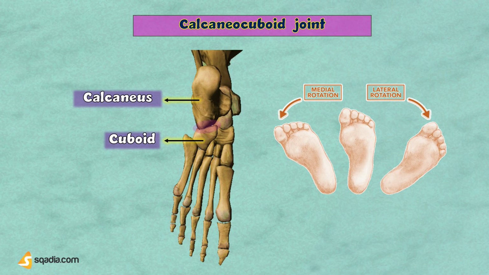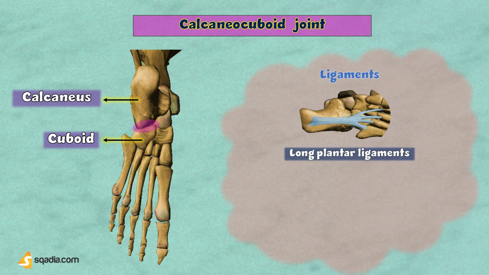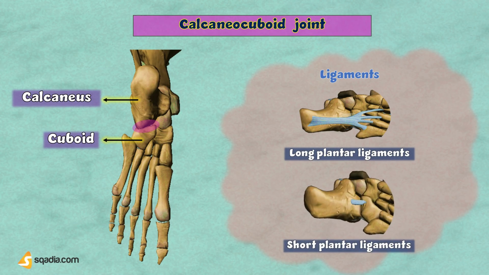The joint is reinforced by several ligaments, including the long plantar ligaments and short plantar ligaments, which provide additional support and stability to the joint. Those were the three main intertarsal joints that are closely related to the ankle.